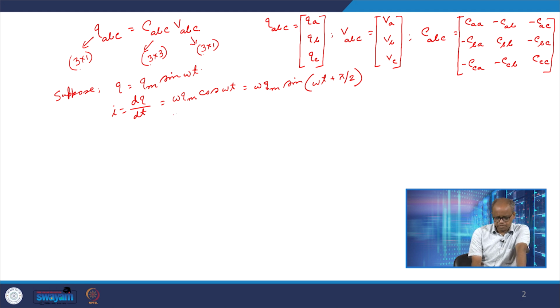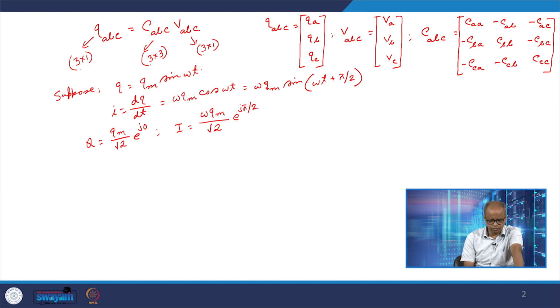So in terms of phasor, if I say that Q is Qm by root 2 e to the power j0, I can say that I is omega Qm by root 2 into e to the power j pi by 2.